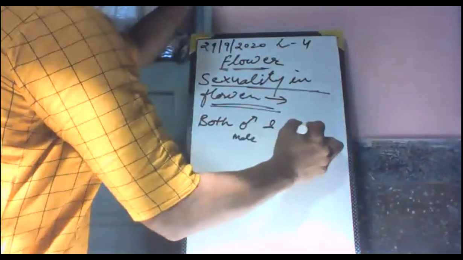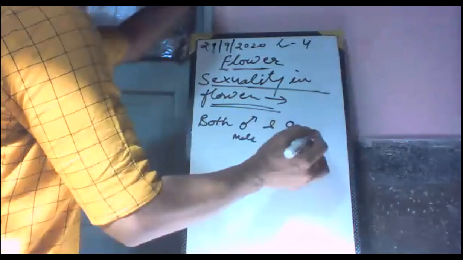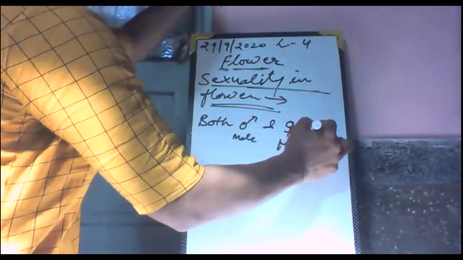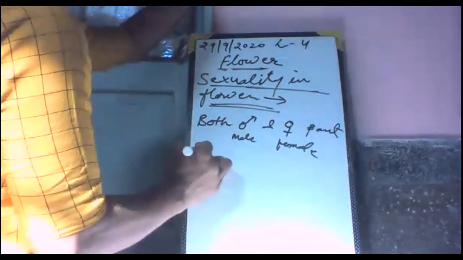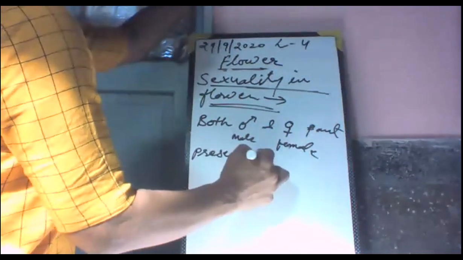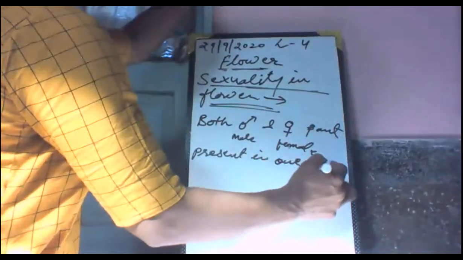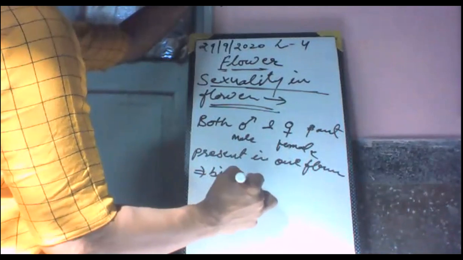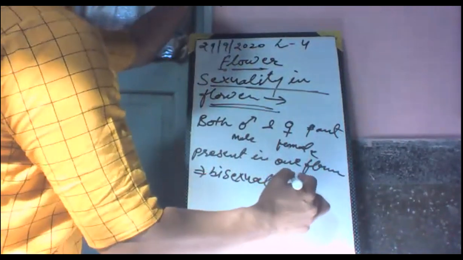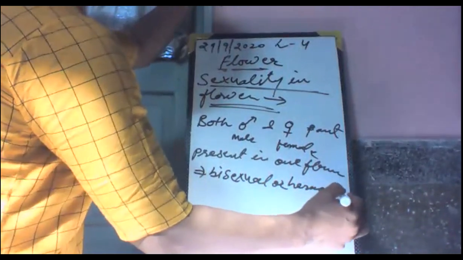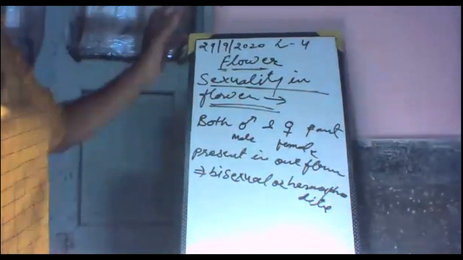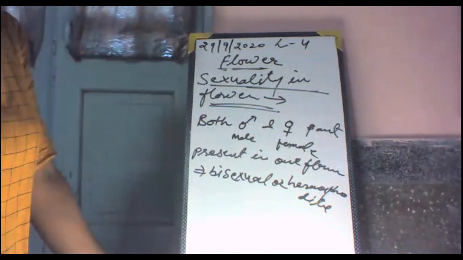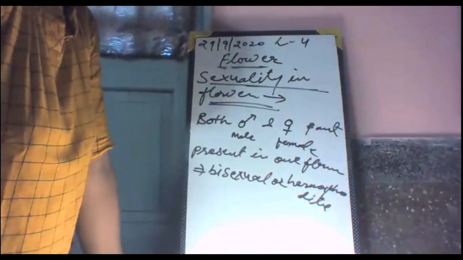When both male and female reproductive parts are present in one flower, that type of flower is known as bisexual or hermaphrodite.